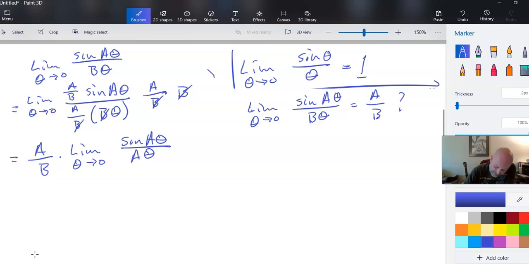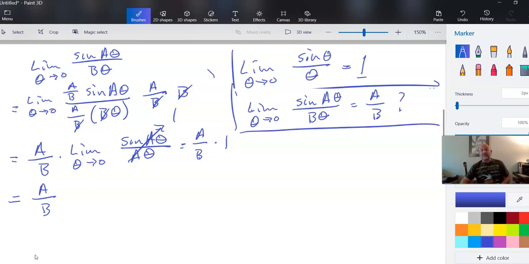The argument and the denominator match each other. And so this means it's A over B times, well, this piece right here goes to 1. So this is just A over B. And so this thing is true, and we can use it in the future.